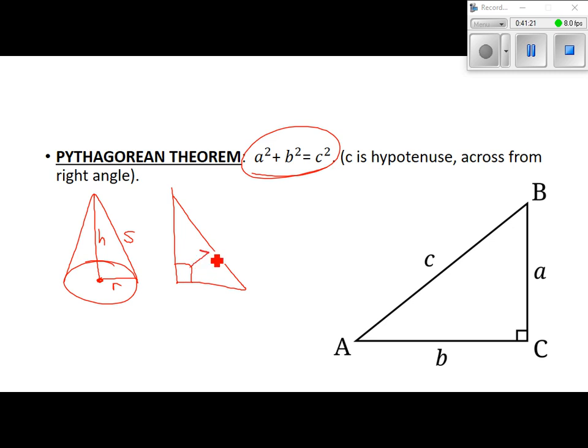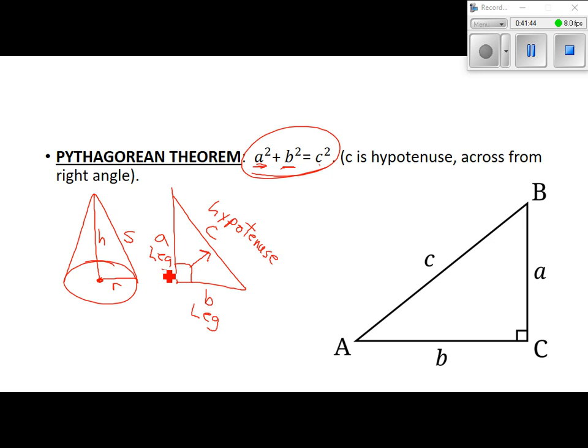The side across from the right angle is always C, the hypotenuse. The A and the B are the two legs.